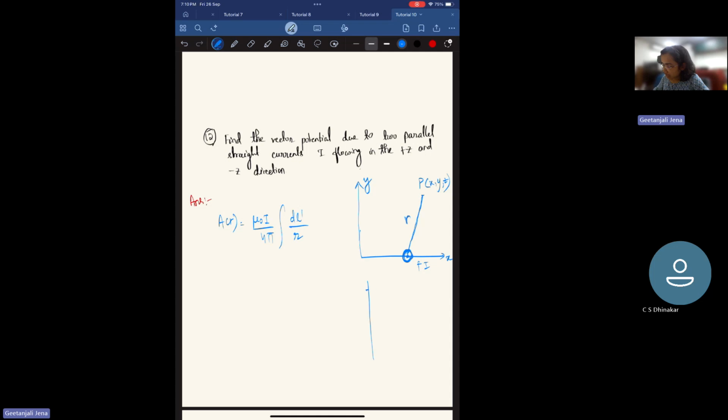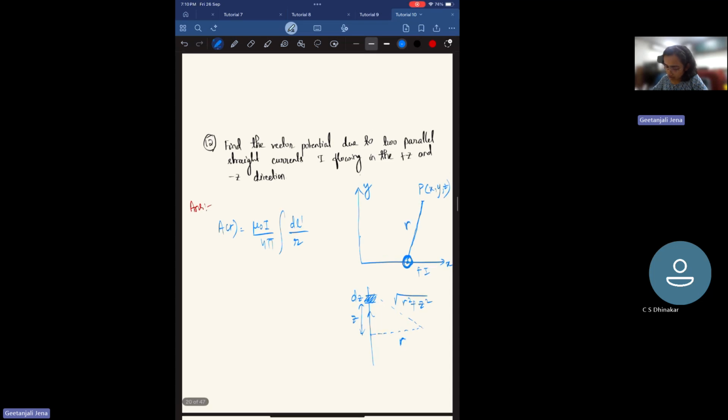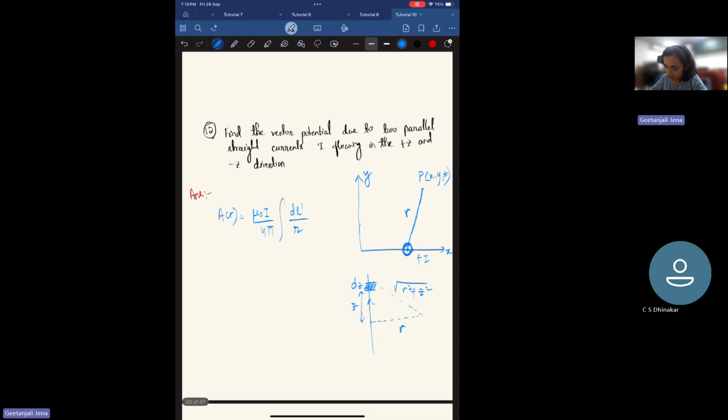So dl is dz here. There is a length element dz at a distance z, and this distance is r in the xy plane, so the distance to P is square root of r squared plus z squared. Direction of A is always along the z direction because current is along the z direction.